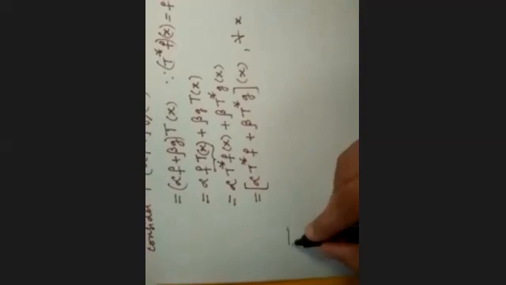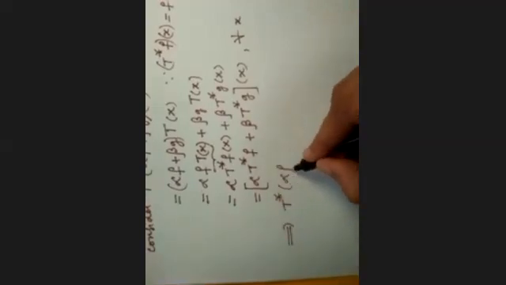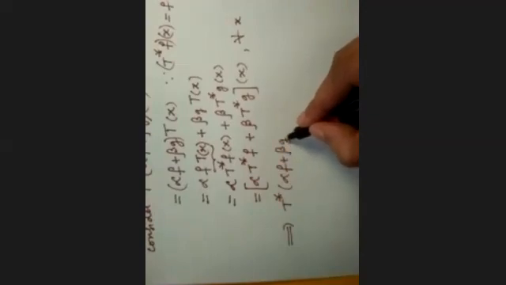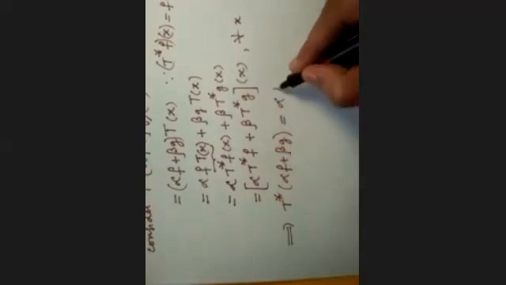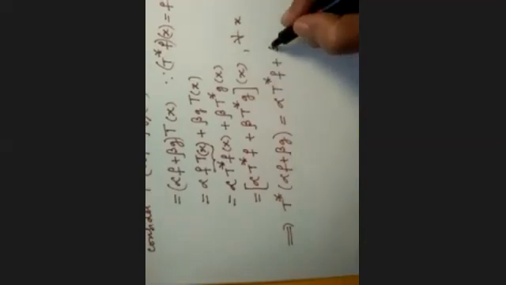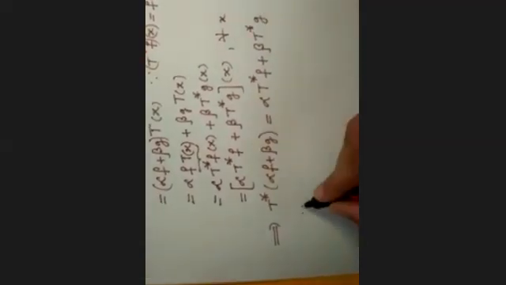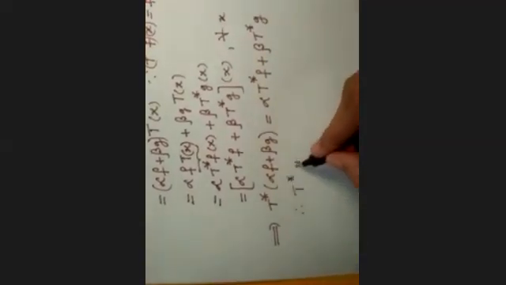So therefore, T star of alpha X plus beta G is equal to alpha T star X plus beta T star G. So therefore, T star is linear.